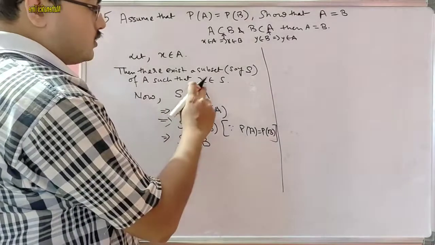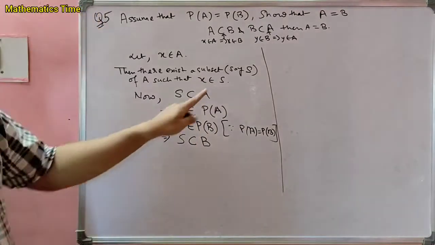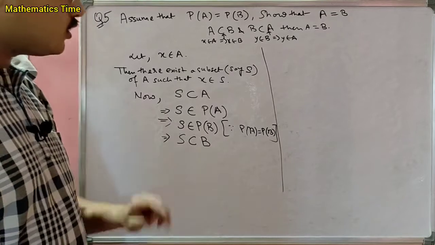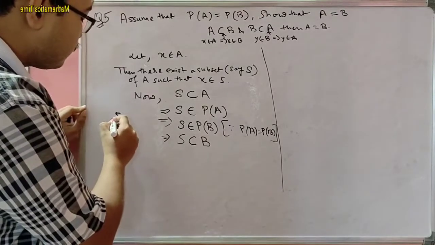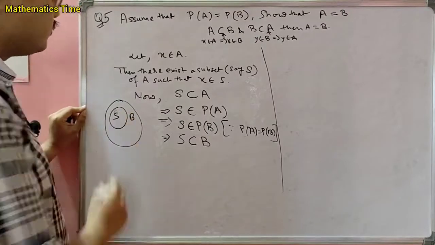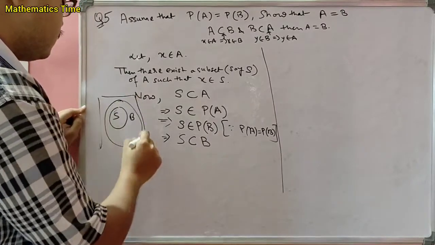Now x is an element of set S, and S is a subset of B. This is S and this is B, and this is the universal set.